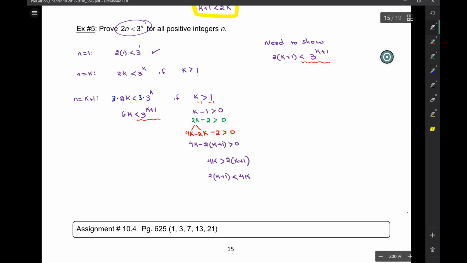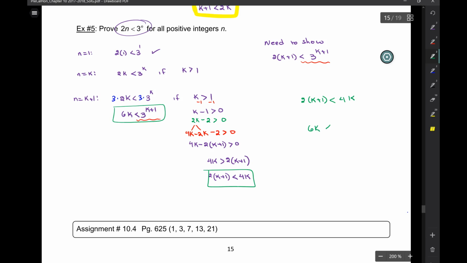So now, let's write this and this, but the second one first. 2k plus 1 less than 4k. 6k less than 3 to the k plus 1.